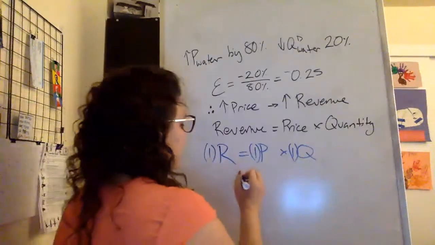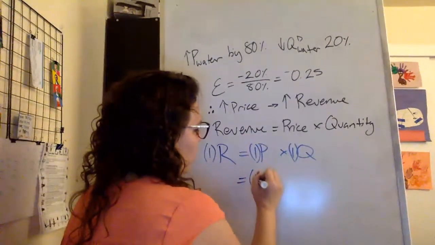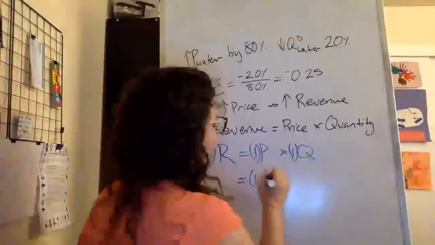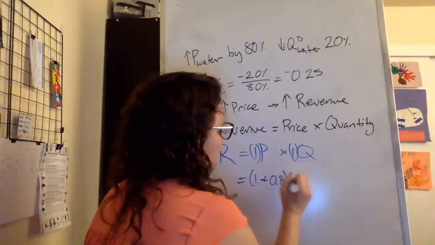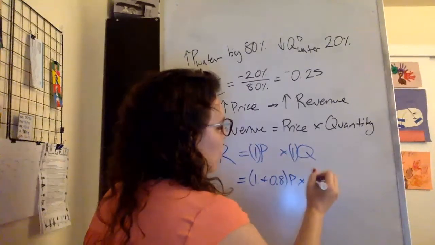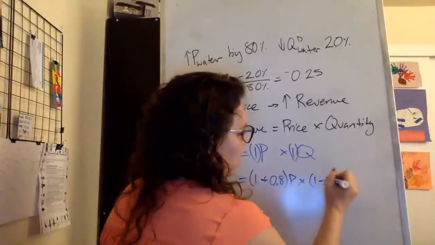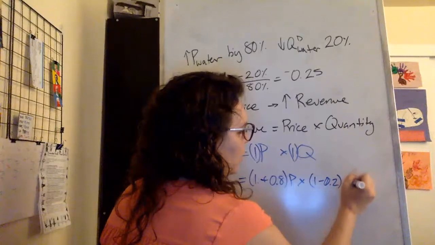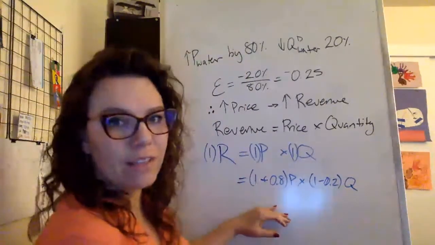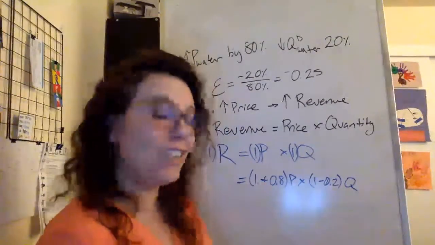So we can say, okay, price went up by 80%, so we can call that 1 plus 0.8 times P, and then we know that quantity went down by 20%, so 1 minus 0.2 times Q. We can solve this for the overall change, and that's going to give us our effect on revenue.